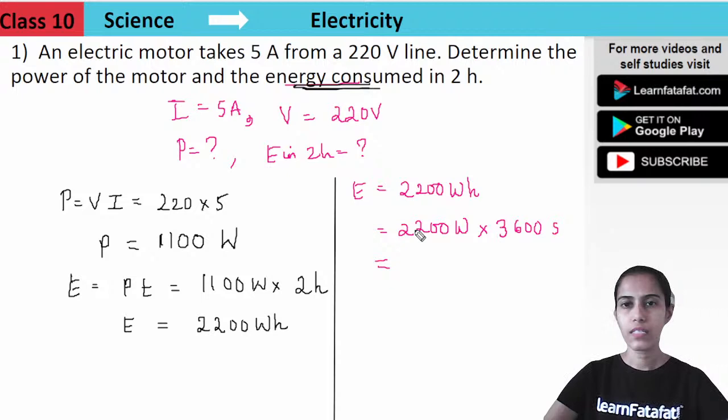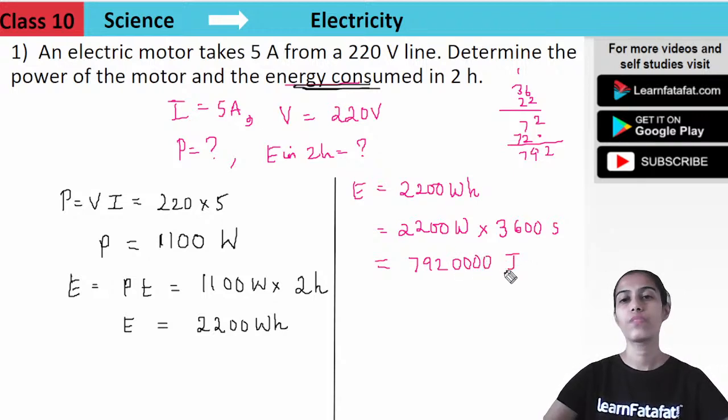And then 36 into 22 I'll do. 2 6 are 12, 2 6 are 12 plus 1, 13, 3 and carry 1 ... So this becomes 792 और उसके आगे 4 zeros.